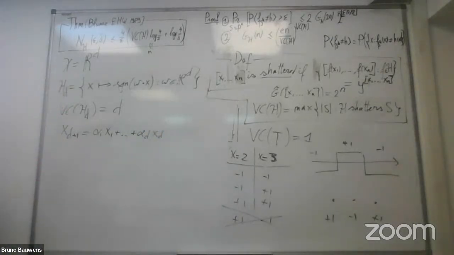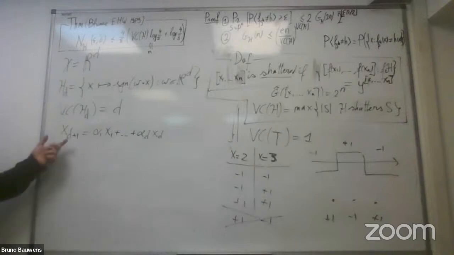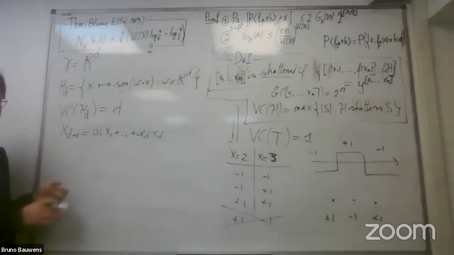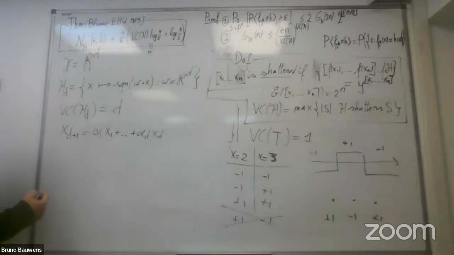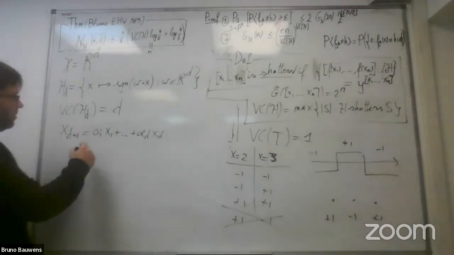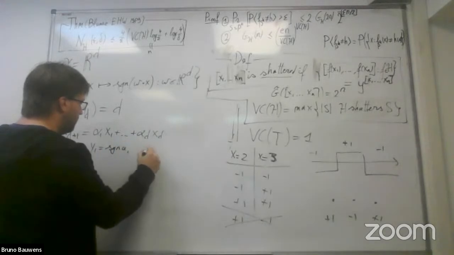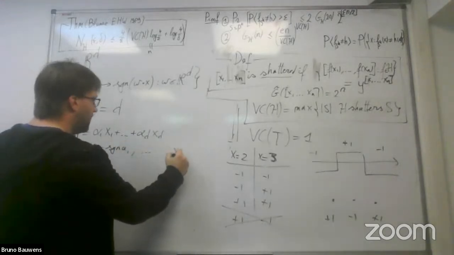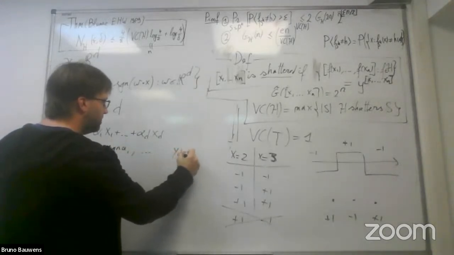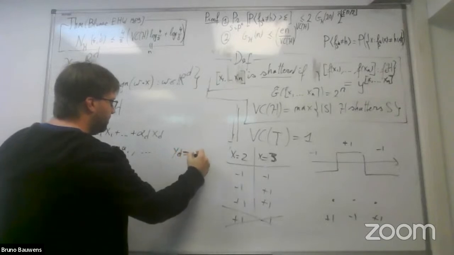So its label is determined by the labels of the other points. Okay, now which dichotomy can we not make? Well, we will say y_1 equals sign of alpha_1, through y_d equals sign of alpha_d.